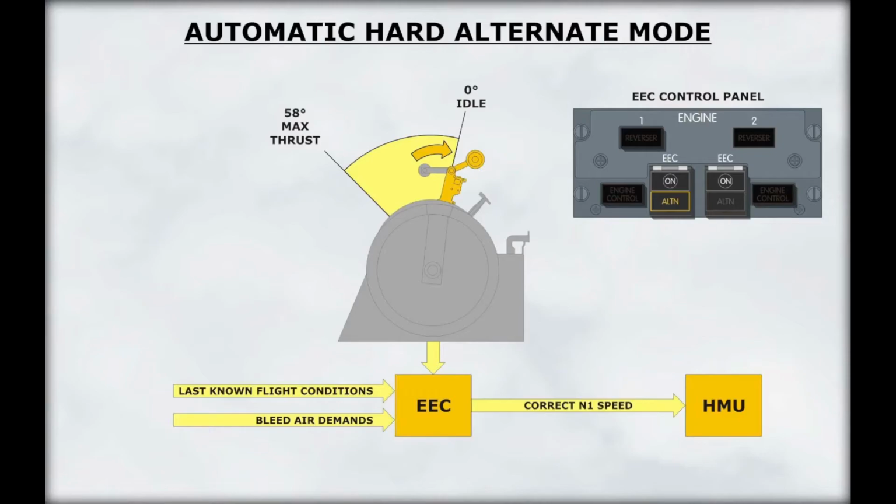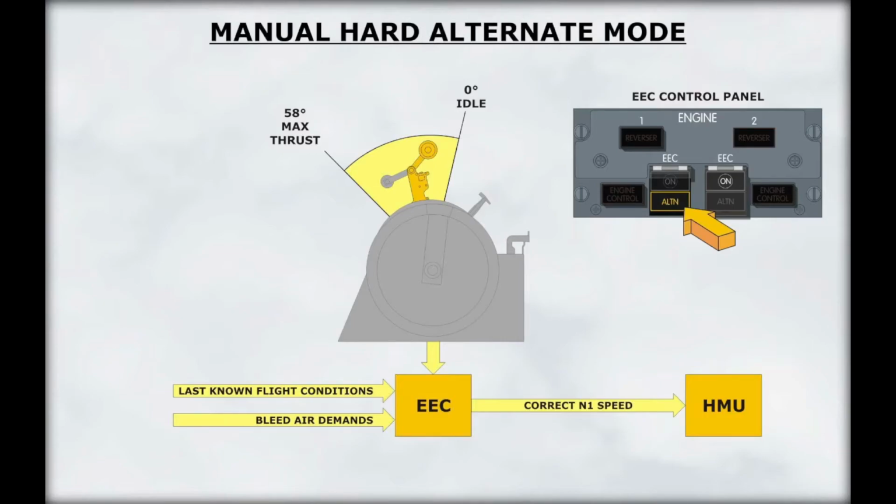The alternate light in the associated EEC switch will illuminate and the on light will remain visible. If the mode is enabled manually, the alternate light in the associated EEC switch illuminates, but the on light will extinguish.